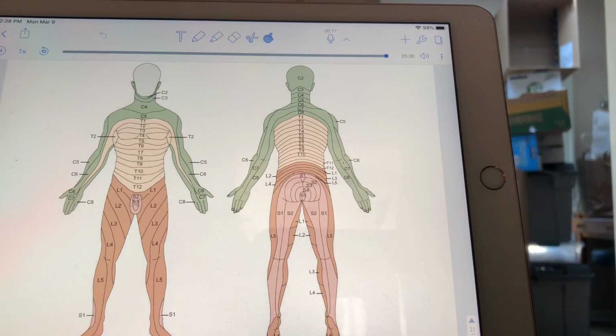Okay, now I need you to know what a dermatome is, but I don't need you to know that the penis, for instance, is served by sacral nerves 2 and 3. Who cares? I'm never going to show you this image again. I don't need you to be able to label it. I just need you to know what a dermatome is.